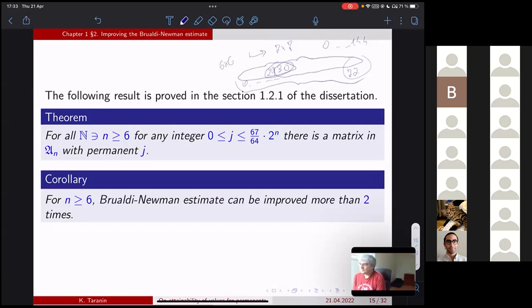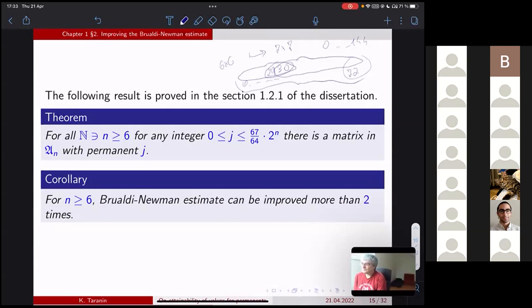As far as I remember, there were some. This is related to the study of another function in that Brualdi and Newman paper that they studied, and this function has some applications, but I don't remember.